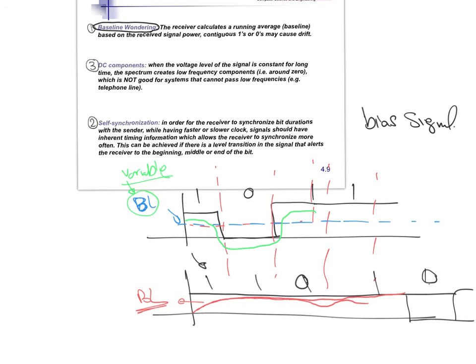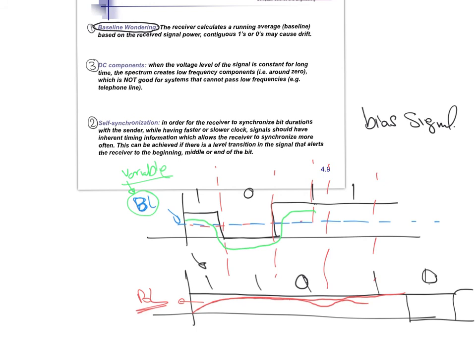So in other words, we should not have the same level of voltage for a long period of time. This is bad. This is really bad. Any digital signal that has the same voltage level for a long period of time, that's really bad. Why?